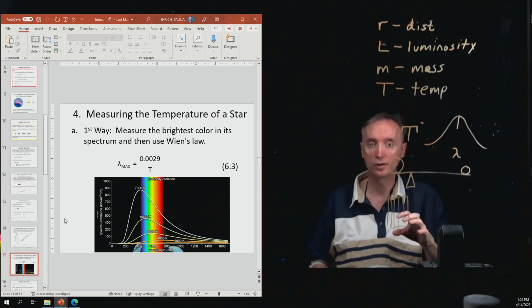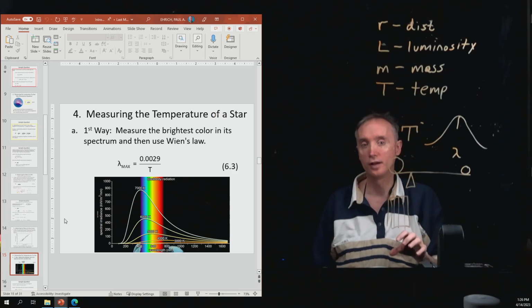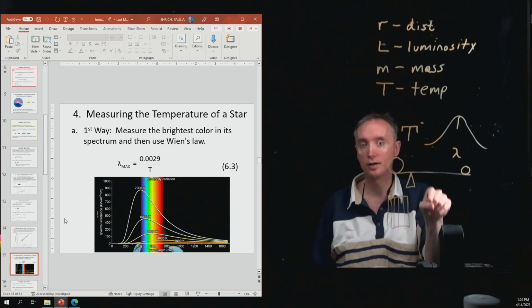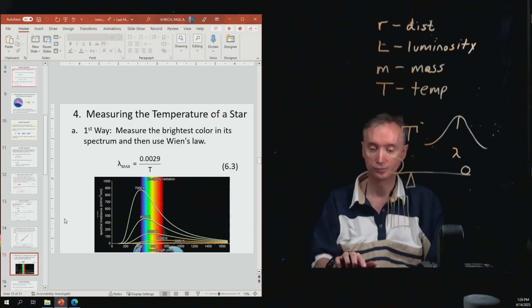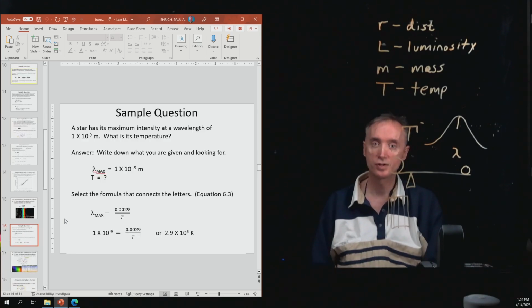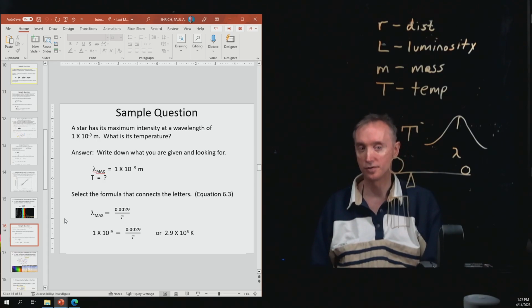Then they look for which wavelength is the brightest in the spectrum. From that wavelength, they plug it into that formula, and then they can calculate the temperature of that star. Here's a sample one where I calculate the temperature of the star. You're not going to do that on the exam.